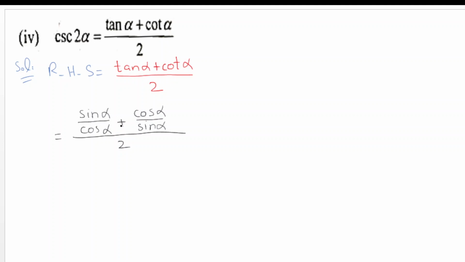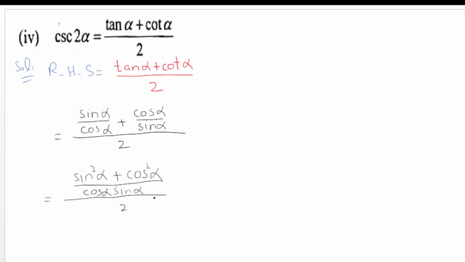So two fractions with a positive operation or sign in between, we'll just do the LCM. Write 2 here, and the LCM will be cos alpha and then sine alpha. So now cos will cancel. That will be sine square alpha plus cos square alpha.